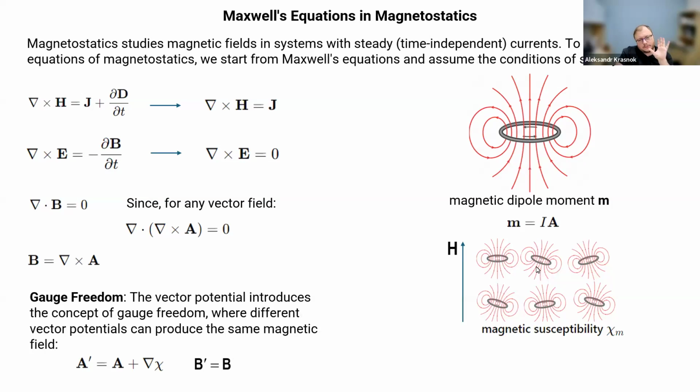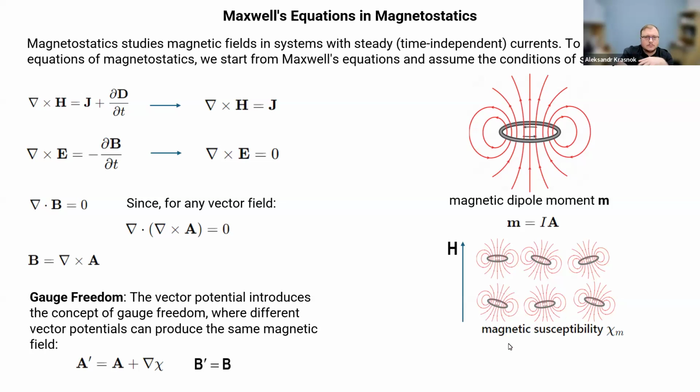Okay, but as this magnetic field is applied to a material with these loops of currents, the magnetic field, of course, is changed because of the presence of this material. We describe this process of orientation of the magnetic dipoles along the magnetic field by magnetic susceptibility.